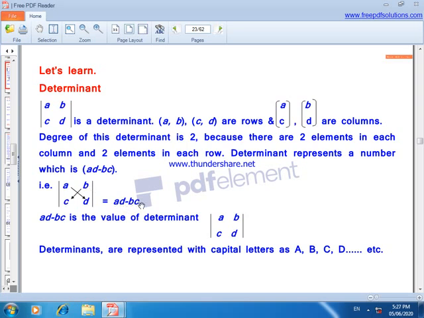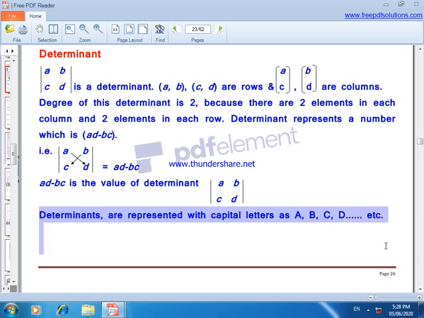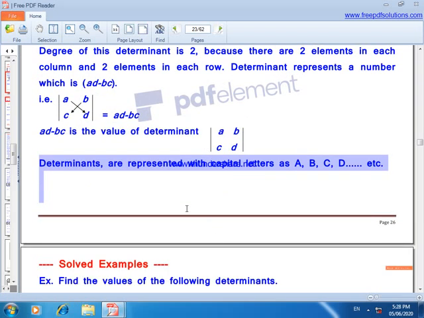So AD minus BC is the value of that determinant. Whenever we are going to find the value of a determinant, we just cross multiply these values and subtract them. Every determinant is represented by a capital letter, capital A, capital B, capital C, or capital D. We can give any capital letter to a determinant.